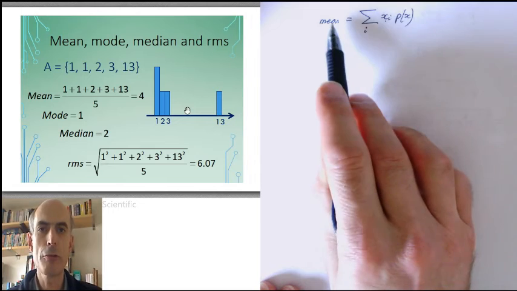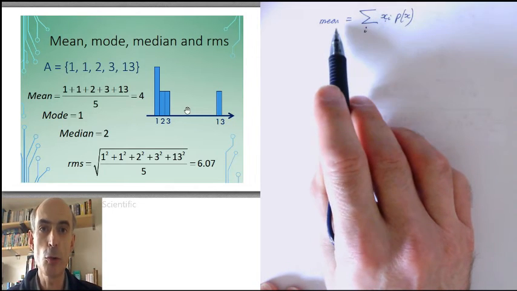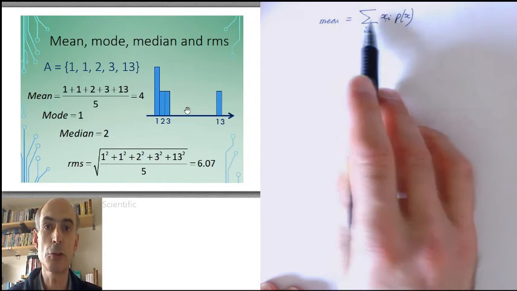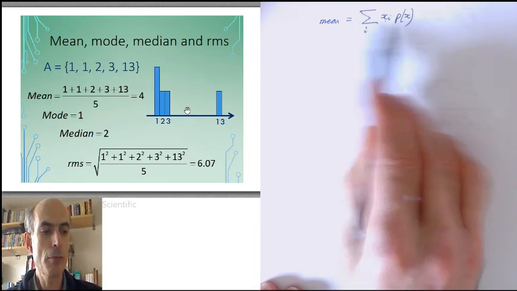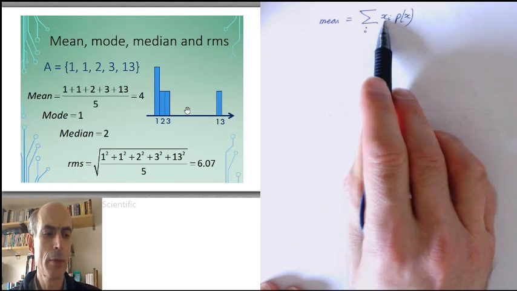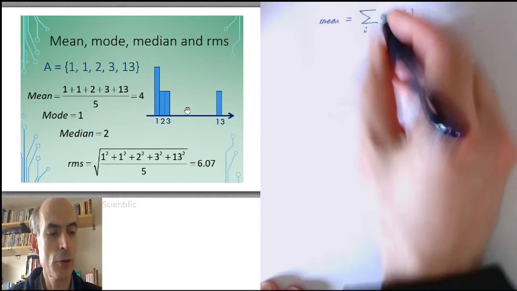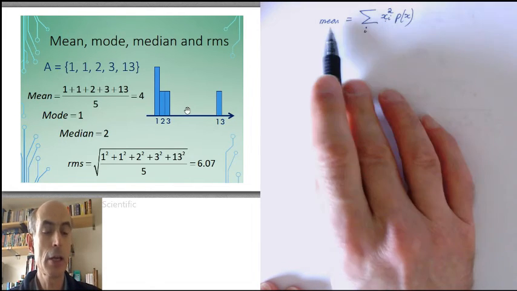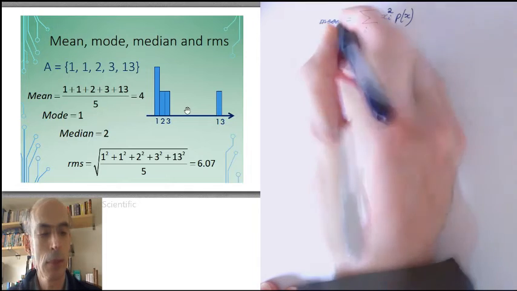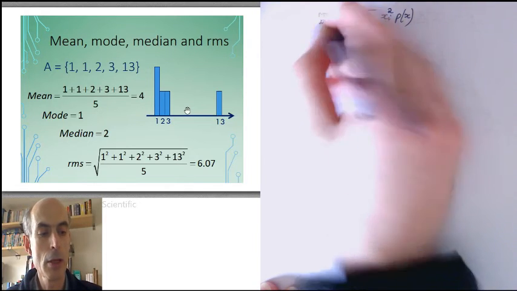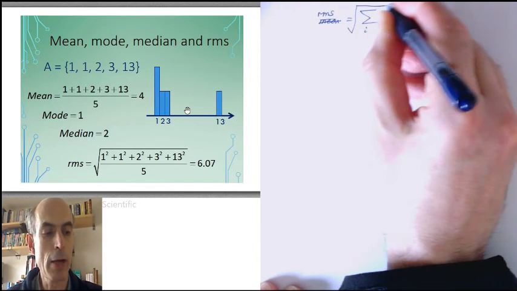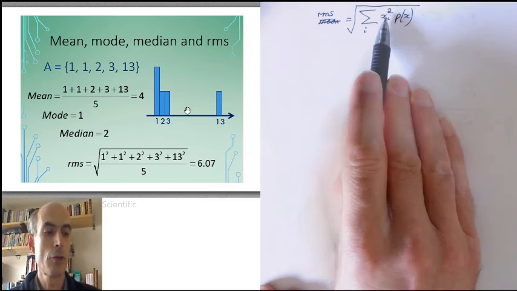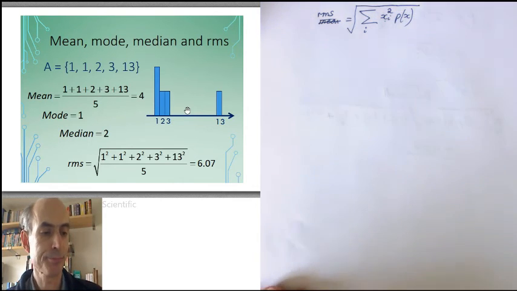What we want for the RMS is the square root of the mean value of x squared. So if this is the mean value of x, then the mean value of x squared would be given just by doing that. And the RMS value is the square root of the mean value of the square of x.